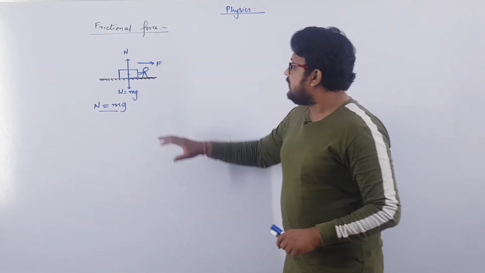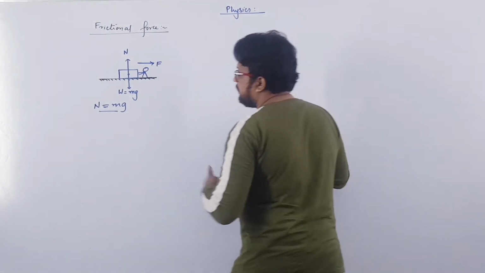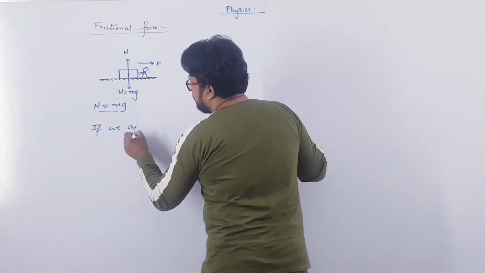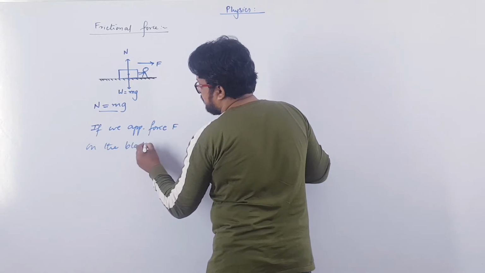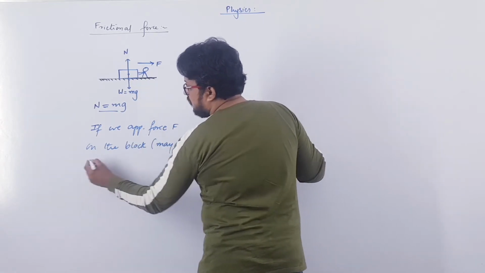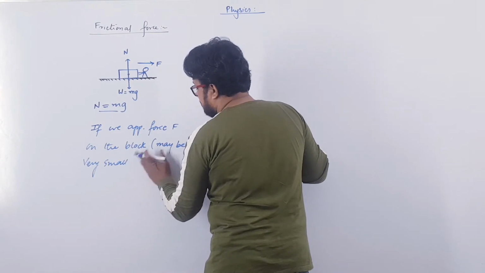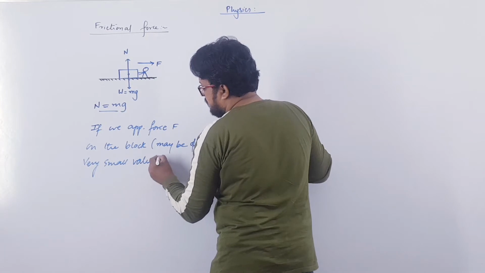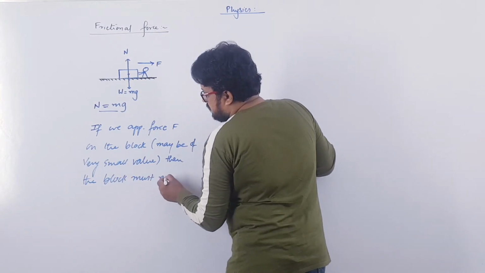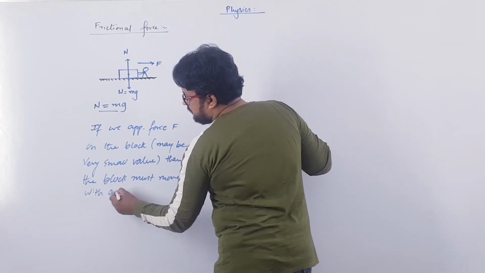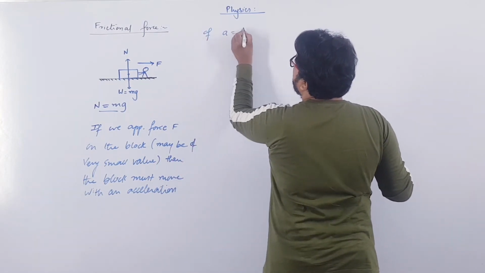But whatever the value of the force F, let us say it is very small, according to Newton's second law the block must move with an acceleration a equal to F by m.